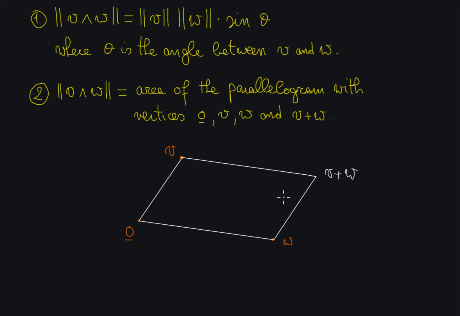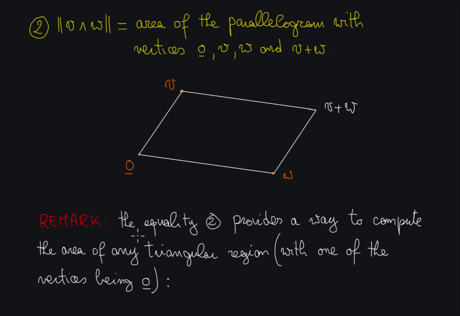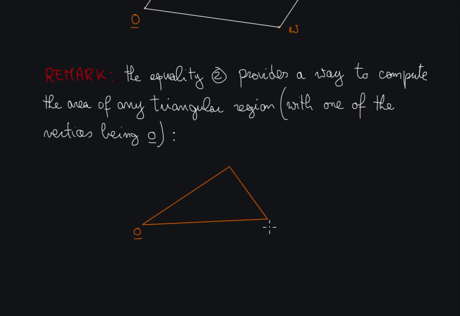So like this. The key remark is that equality 2 provides a way to compute the area of any triangular region as long as one of the vertices is 0, the origin. And how do we do that? Let's start with the triangle, and let's take one of its vertices to be the origin. Then we can call the other two vertices, one the vector v and the other the vector w.